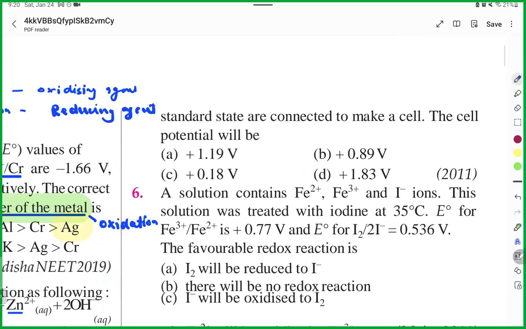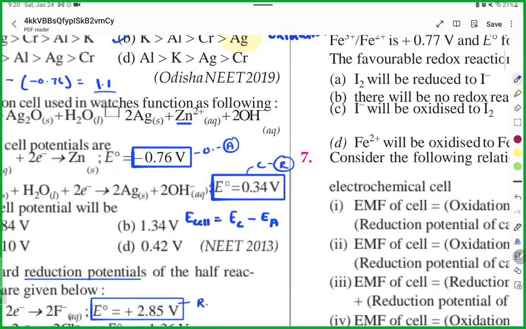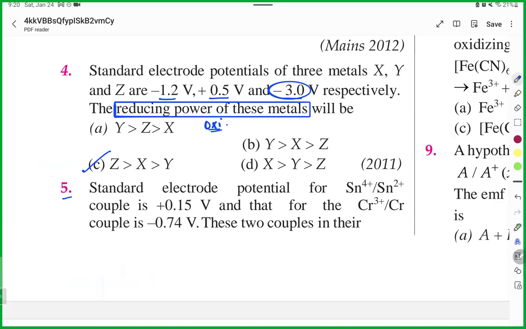Cell potential you have to calculate. Barinder, fifth. For Sn the value is plus 0.15 and chromium minus 0.74. Barinder, tell me which element will undergo reduction and will go to the cathode.